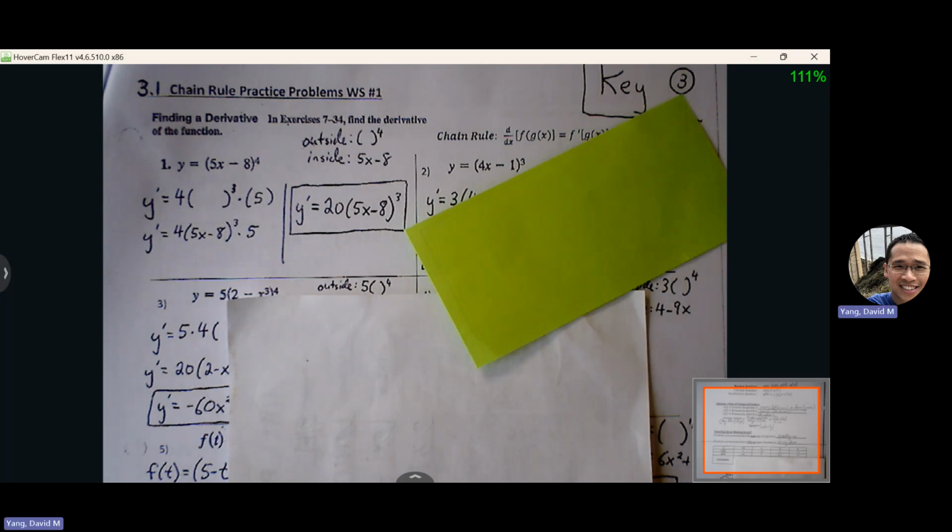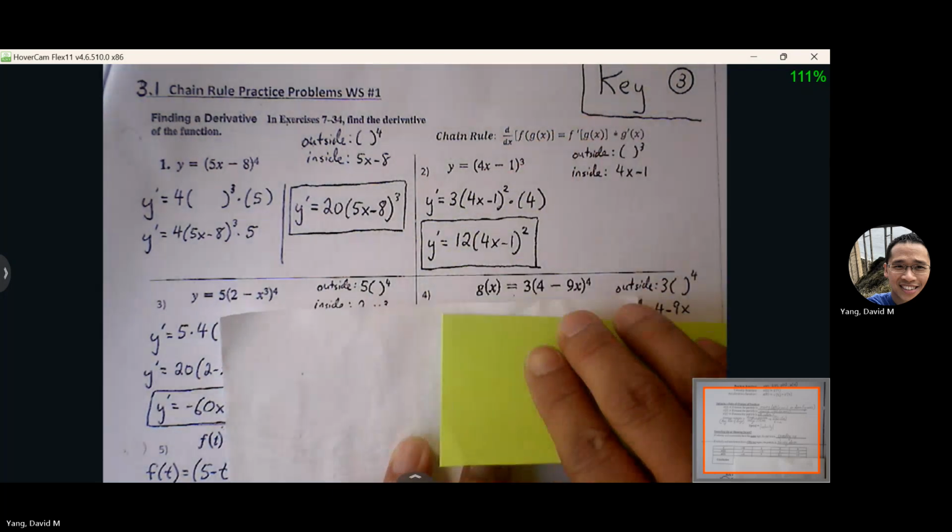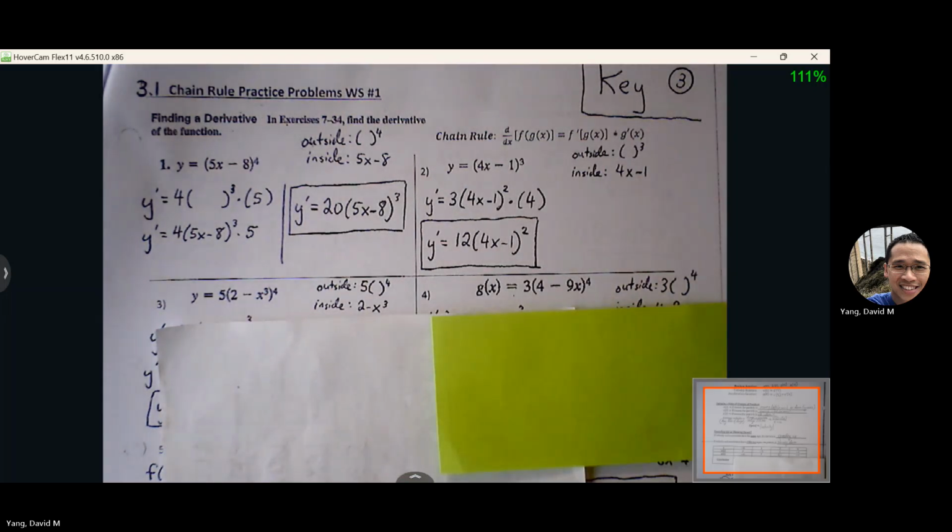Any questions with one? Okay, try number two. We do the power rule, and in number two we have 4x minus 1 cubed.